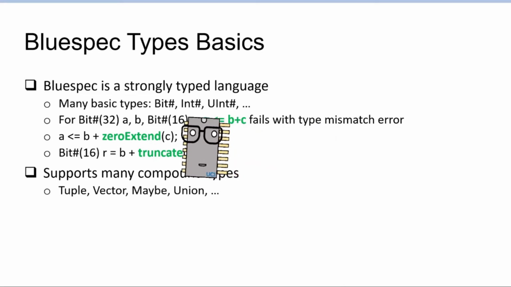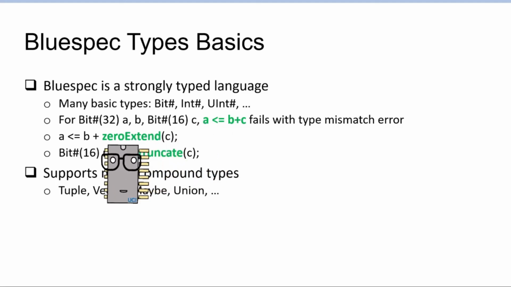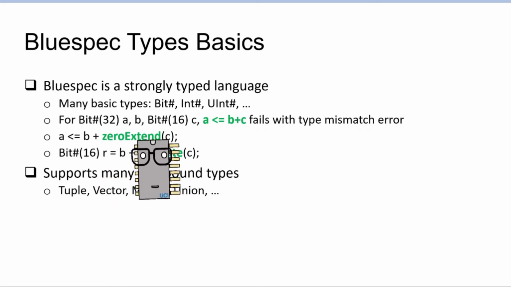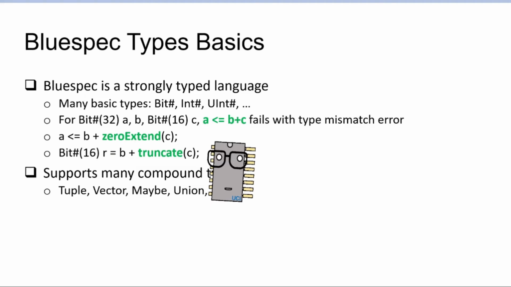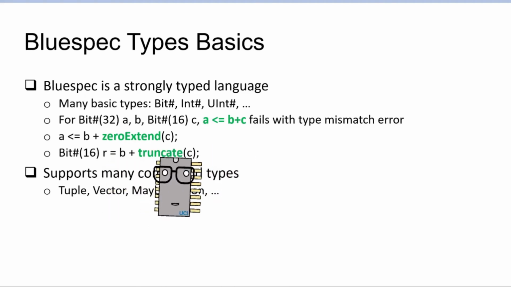So you need to either do zeroExtend to C so that C turns into a 32-bit value. How many bits it needs to extend it to is automatically determined by the compiler. Or you can truncate C into 16 bits to work within the same 16-bit space.